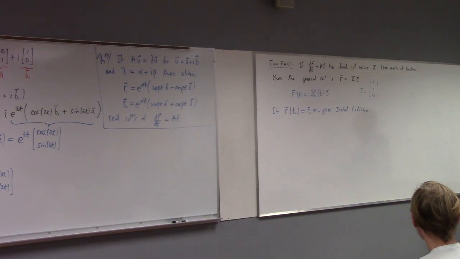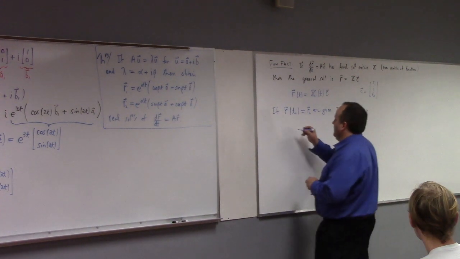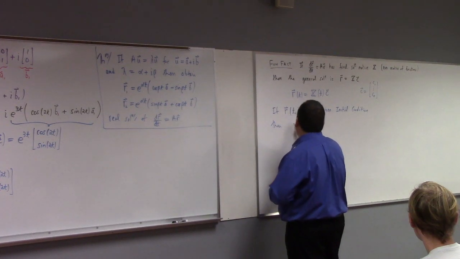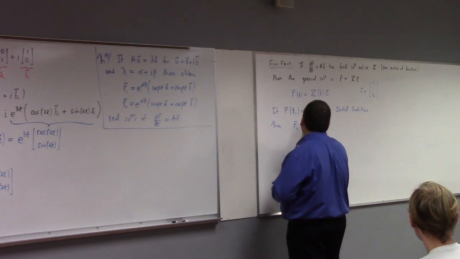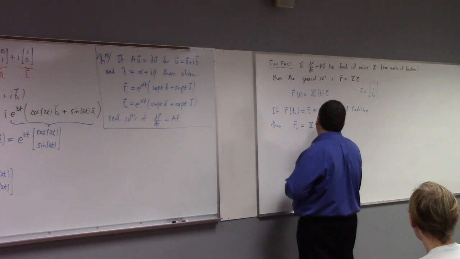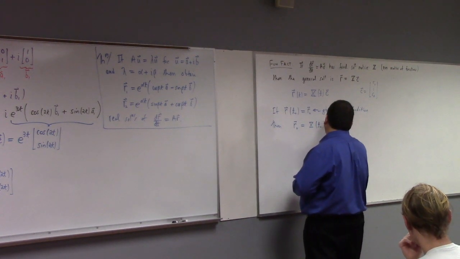For a 2 by 2 system, I need to be given both the x and the y for a given time. But if that's the case, then we need to have R naught equal to X at time t naught times the constant vector.